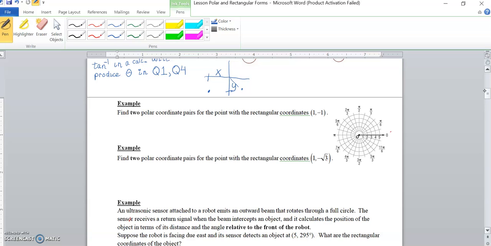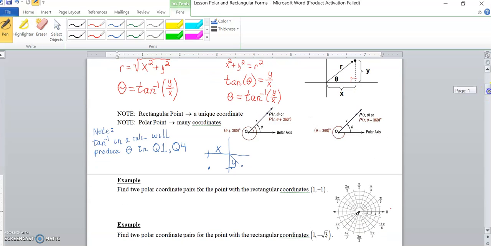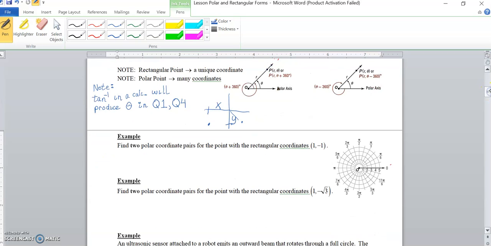Find two polar coordinate pairs. By the way, I don't think I mentioned this, so let's go back for a second. This note says a rectangular point is a unique point, which is exactly what we've been talking about in class. If we have an xy point like 1, 3, there's no other point that would land me on that same spot on the graph. In the polar system, there's actually an infinite number of solutions.